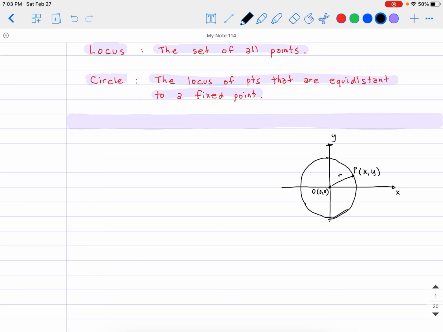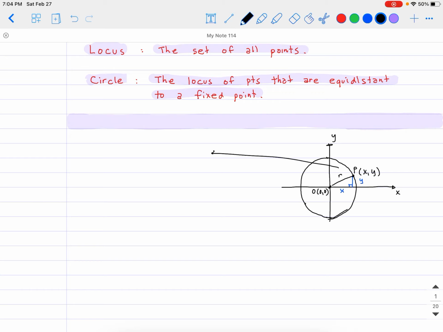So if we put it all together, what we can do is we can focus on the bottom part over here, where we can create a right triangle. The horizontal increment is going to be x, because that's the distance horizontally from point O to point P, whereas vertically, that's going to be y, because that's the vertical component, or the change of y, from, once again, point O to point P. So since we have that right triangle with all the sides, then we can use the Pythagorean theorem to derive this equation of the circle.